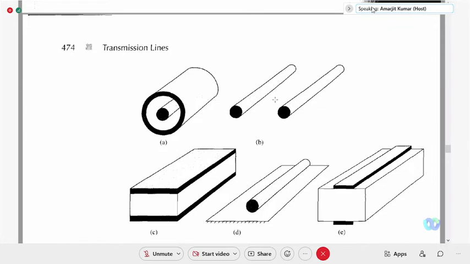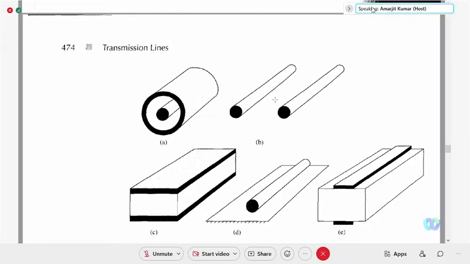If it is a lossy dielectric, then sigma is not 0. Then there are the permittivity and permeability of the dielectric material, mu dielectric and epsilon dielectric. If it is free space between the two conductors, then mu is equal to mu naught, epsilon is equal to epsilon naught, and sigma will be equal to 0.